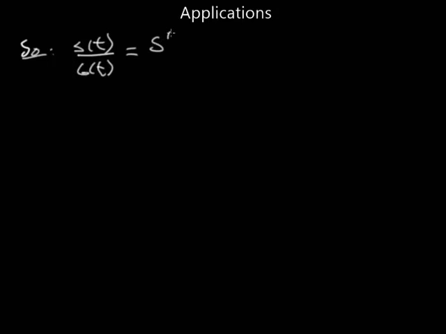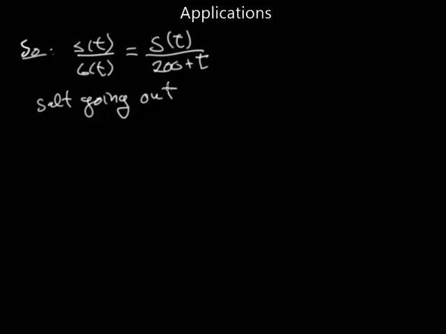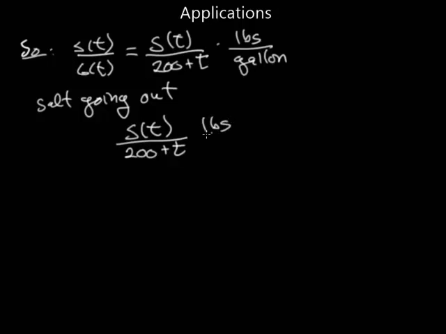This concentration is S of t over G of t, and G of t is 200 plus t. That's a concentration, and so the amount of salt going out is that times 2. It's very helpful to put the units in here. So this is S of t over 200 plus t pounds per gallon.